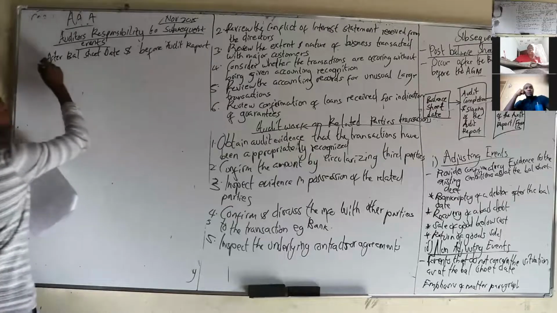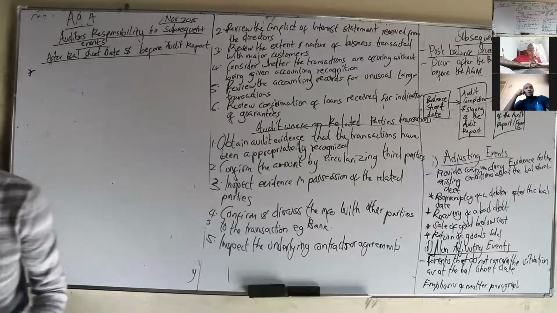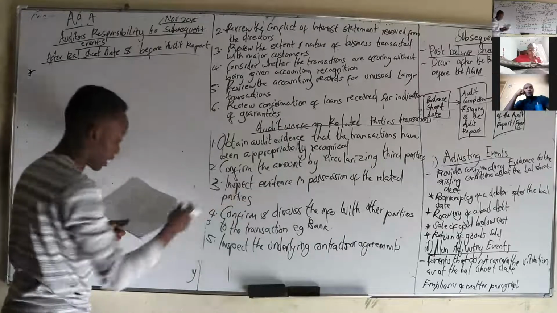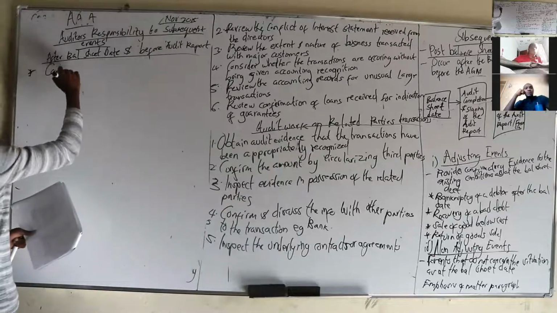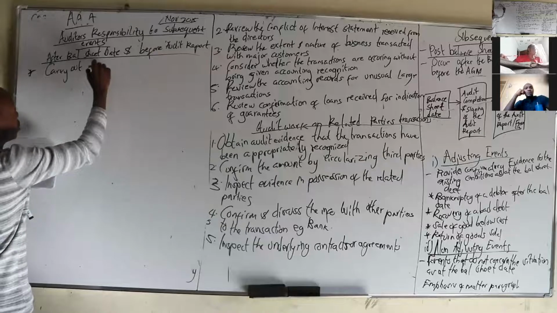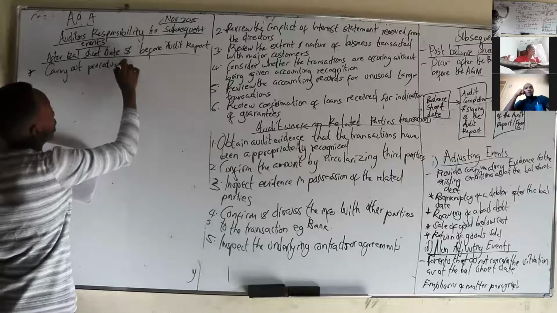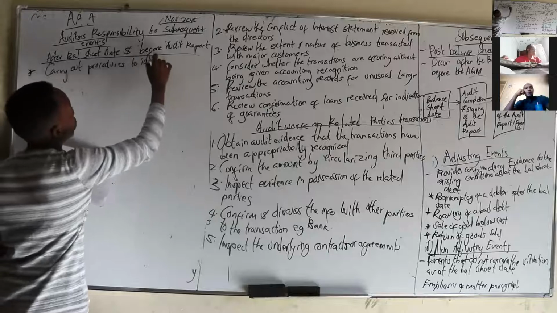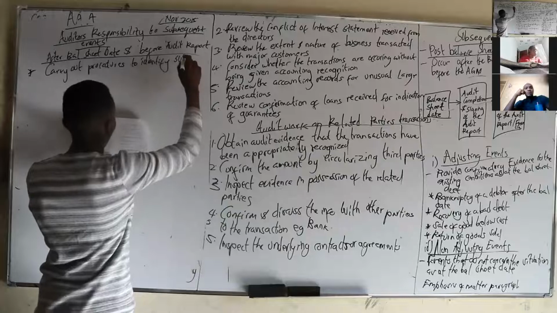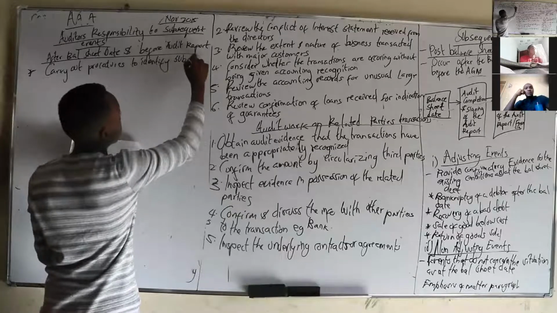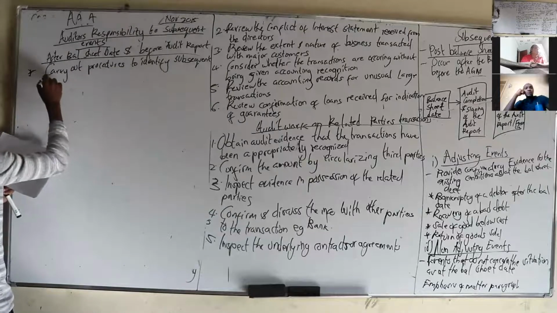In this case, what the auditor should do, one thing is that he should carry out procedures to identify the subsequent events. That is Roman 1, the period between those dates, subsequent events.